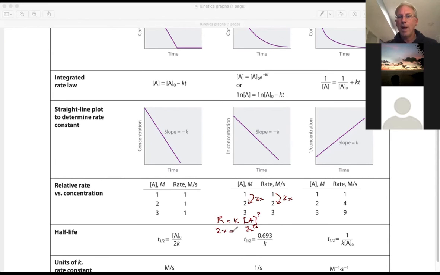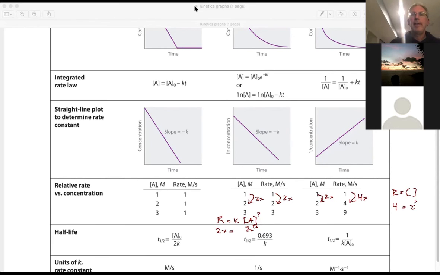Yeah, 2x equals 2x to the first. So that is a first order reaction. Here, if I double my concentration, my rate goes up 4 times. So if my rate goes up by 4 and my concentration went up by 2 to some power, 2 to the power 2, it's a power of 2, so it's second order.